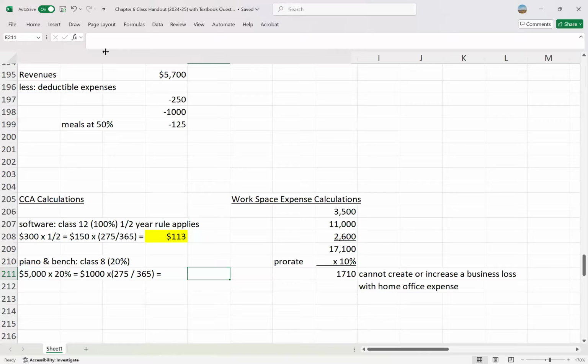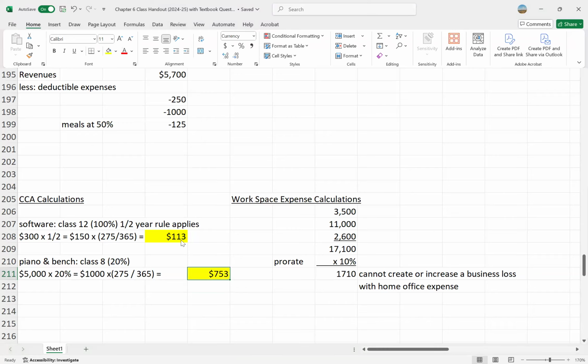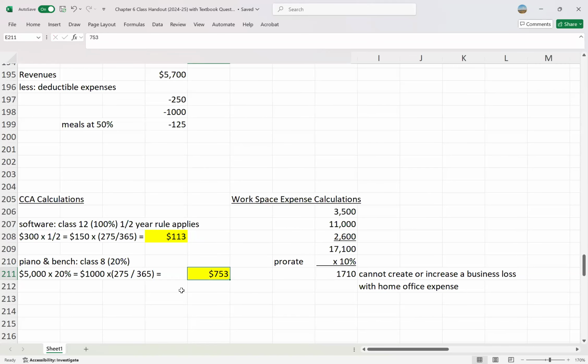And so 1,000 times 275 divided by 365, rounded again, is going to be 753. And so that would be the CCA on the piano and bench, which goes into class 8. And so we just bring those amounts up here, the total CCA, the 113 and the 753. Then the total CCA is going to be 866.